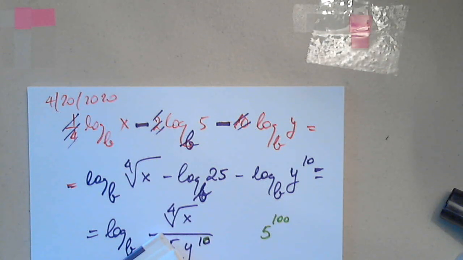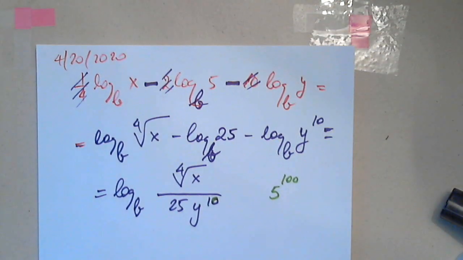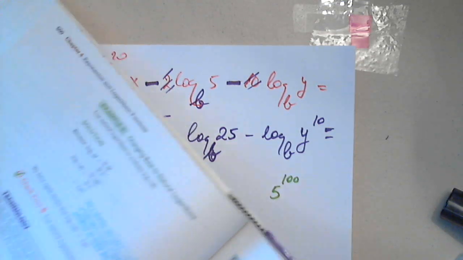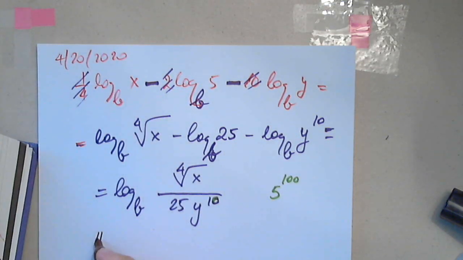Do we need another condensing? Yes or no? About one more. Very good. So let's look at 70 on page 501.